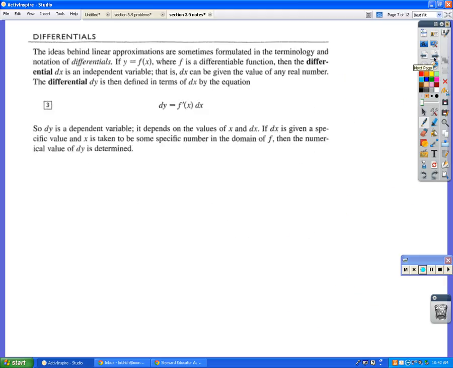Okay, so this is the math part that we're going to get back into here. The ideas behind linear approximations are sometimes formulated in the terminology and notation of differentials. And so we have been working with derivatives, right? So we have said that dy/dx is equal to the derivative of f of x.